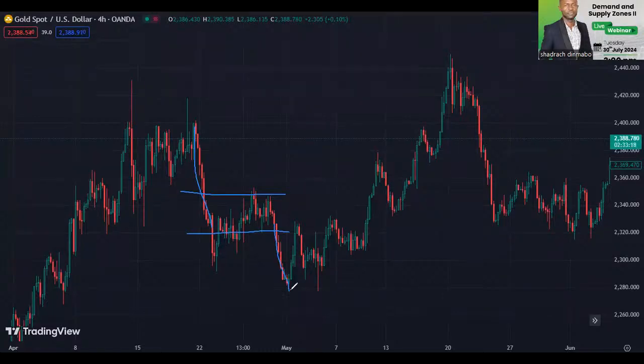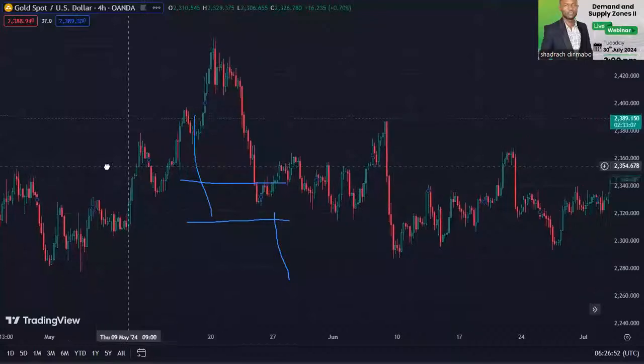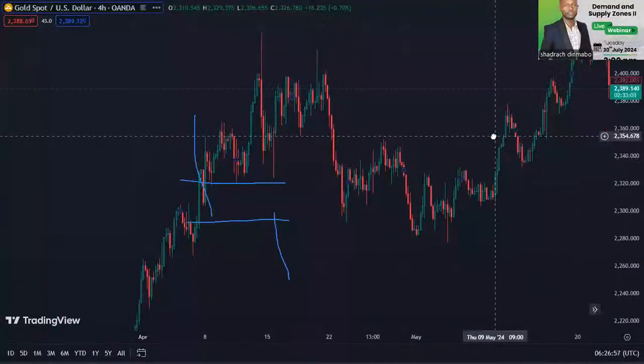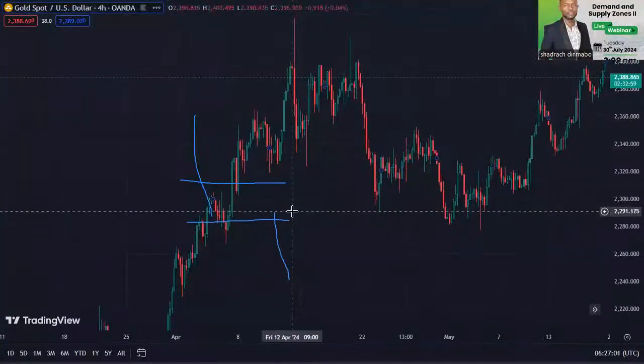If you watch this carefully, it's quite easy to identify it. But sometimes you need to do a little practicing to know how to easily identify them. Let's just see.